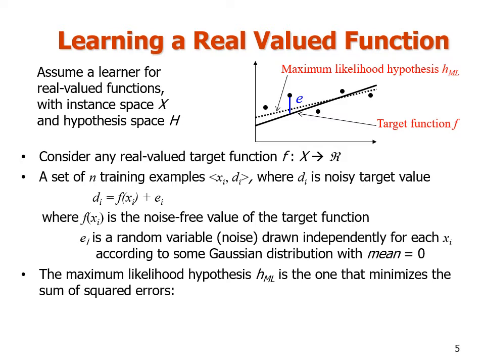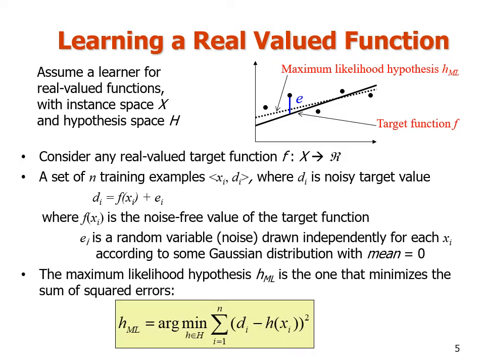The maximum likelihood hypothesis HML is the one that minimizes the sum of squared errors, and hence HML can be expressed as argmin over h belonging to the hypothesis space capital H of the summation of i from 1 to n of (di minus h(xi)) whole squared.